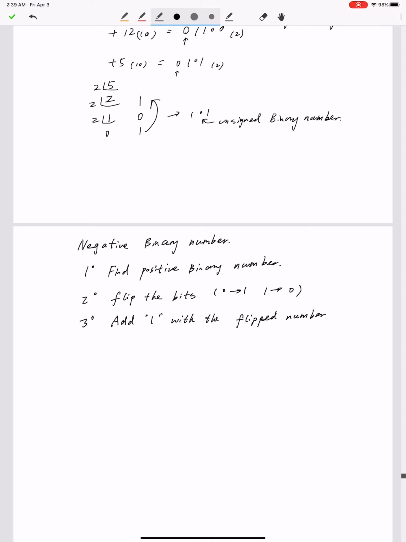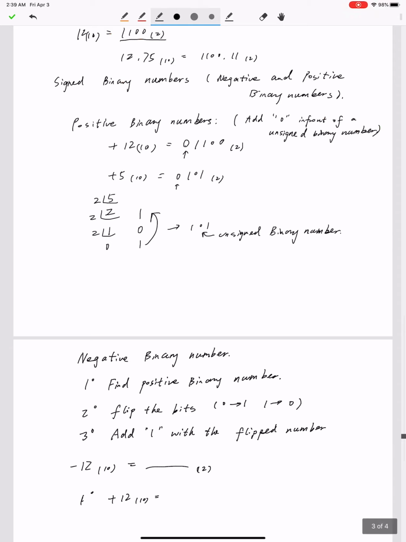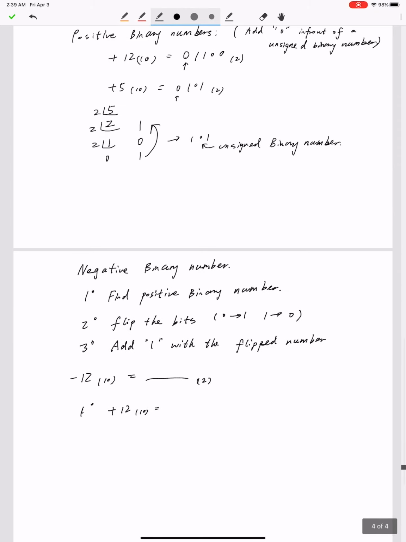Okay, so how to do that? Let me show you. For instance, if I want to represent minus 12, negative 12, this negative decimal number in the binary representation, right? So the first step, we find the positive 12. What's the representation of positive 12? Here we already have the answer. That is 0, 1, 1, 0, 0, right? So second step, we flip the bits. Whenever we have 0, we change that to 1.